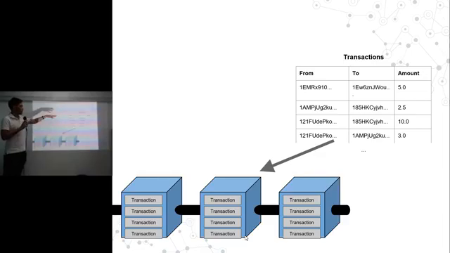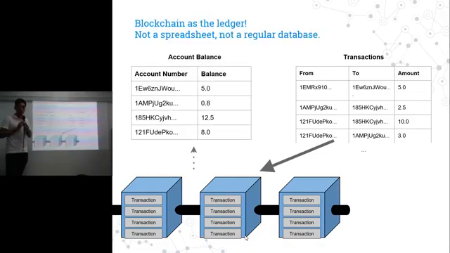So when Alice sends Bob a transaction, that transaction itself will probably sit somewhere inside a block. And if you recall earlier, I was showing you a ledger. That ledger itself is actually an aggregation of the current state of the blockchain. So the blockchain consists of nothing but just transactions, and you will be able to get the balance of everybody's account just by summing up all the transactions that have taken place.